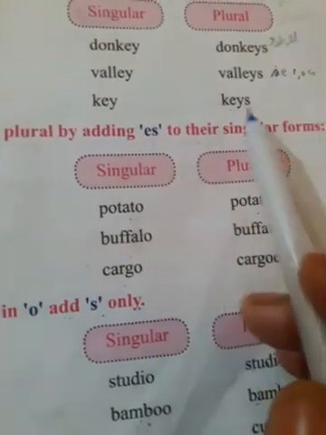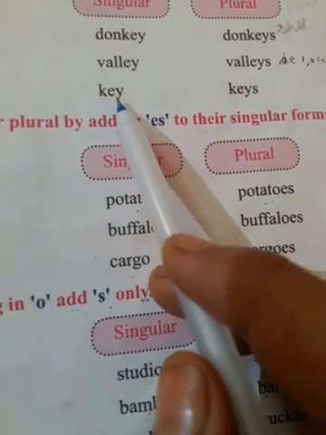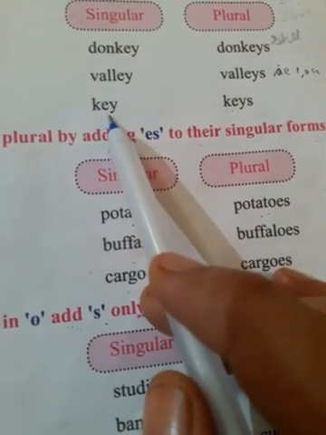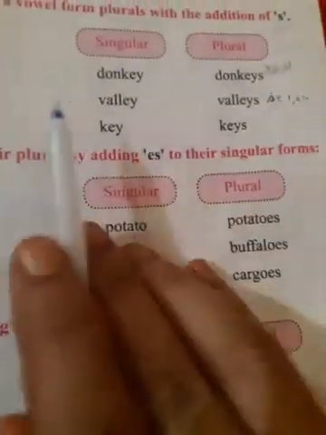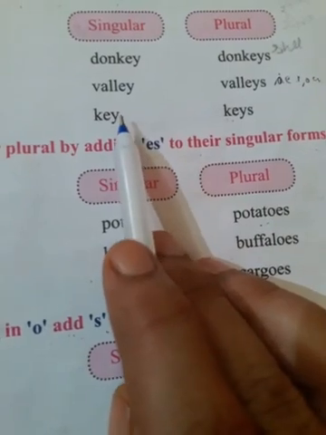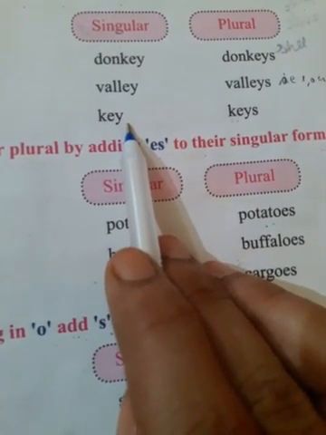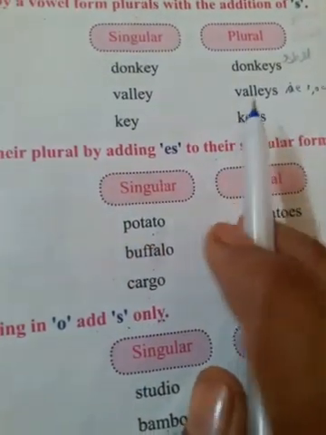Cities. Fifth rule, I've taught you keys. According to the fifth rule, when a word ends with y and is preceded by a vowel, we will only add s to that word, so it will become plural. Keys, correct?